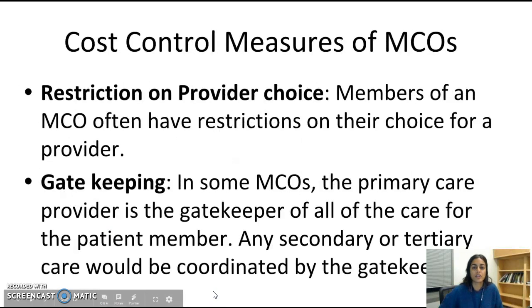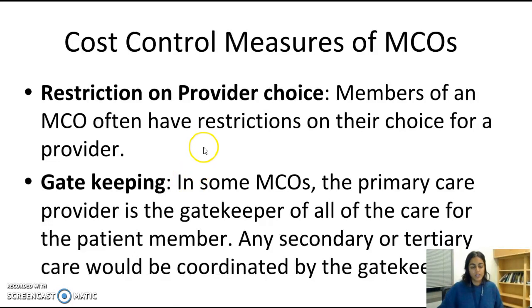Cost control measures of MCOs. One of them is restricting provider choices for the patients. Members of an MCO often have restrictions on their choices. They can only go in network.